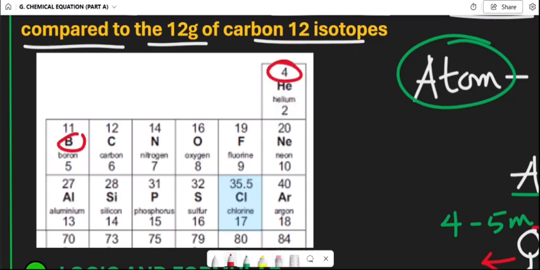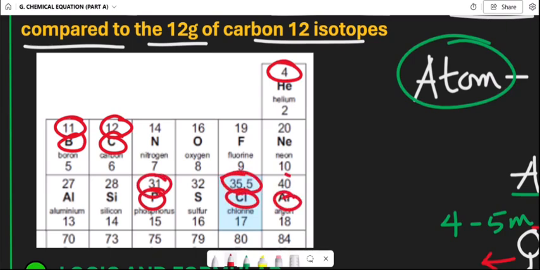Boron, the weight of boron is known to be 11. Carbon is known to be 12. Phosphorus is 31. Chlorine is 35.5. Argon is 40. We have aluminum, the weight is given to be 27. So let me teach you the logic on how you can determine the atomic weight of an atom without memorizing it.